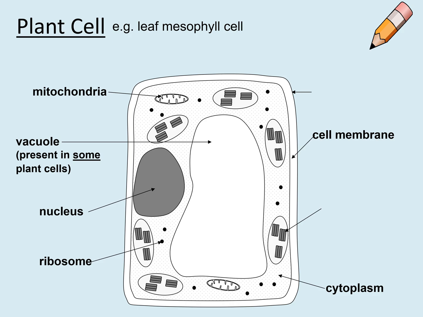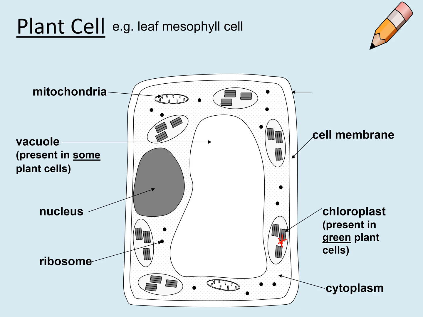The next part of the cell that we're looking at is the chloroplast, and the chloroplasts have these three little membranes usually, and they contain a green pigment called chlorophyll. They are usually green, and their function is the site of photosynthesis. We'll go into photosynthesis in another key area as well, so we'll go into more detail about that.